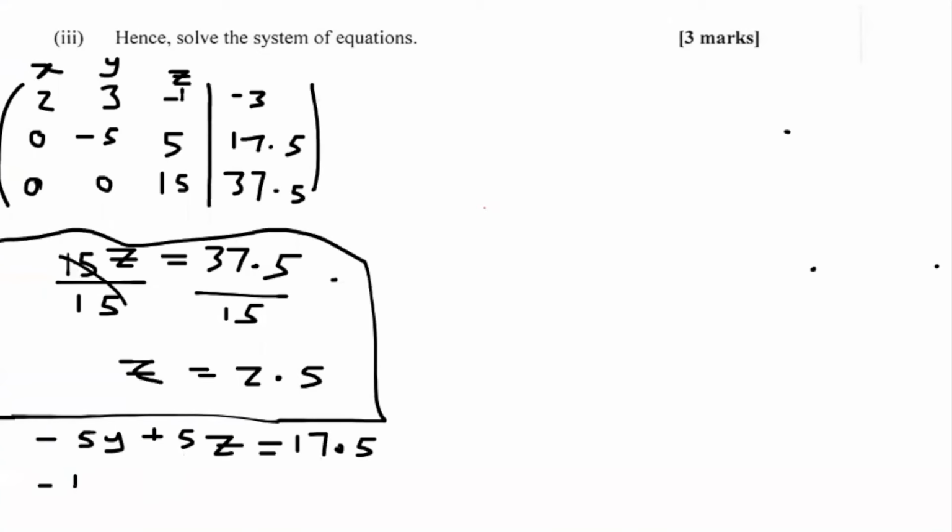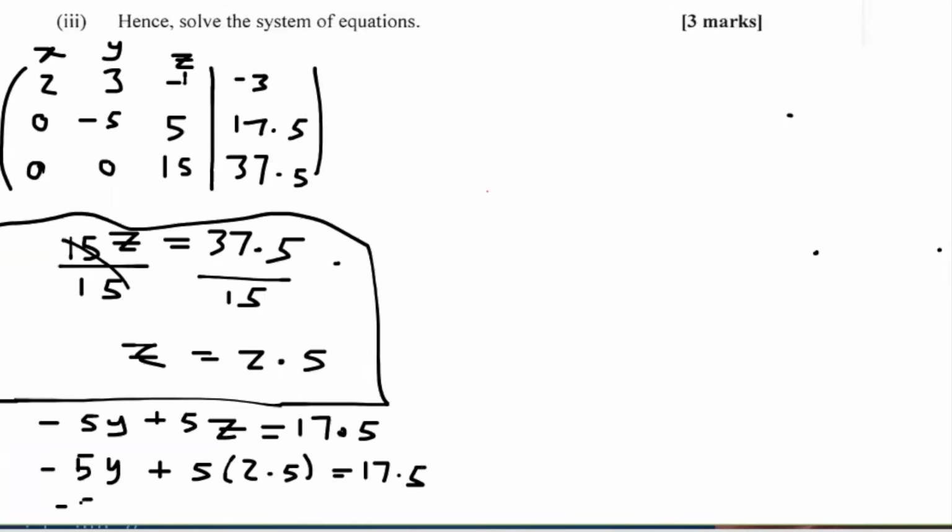So replacing it, I will have minus 5y, then plus 5 times 2.5 equal 17.5. Now, I need to multiply 5 times 2.5. So multiplying that, that will give us 12.5. So I have minus 5y plus 12.5 equals 17.5.